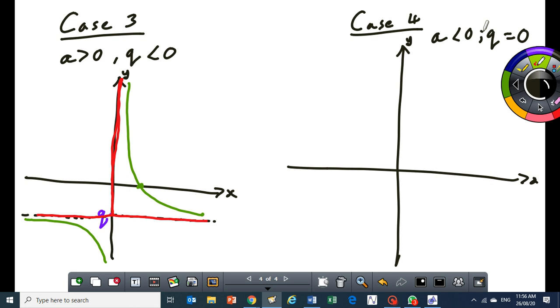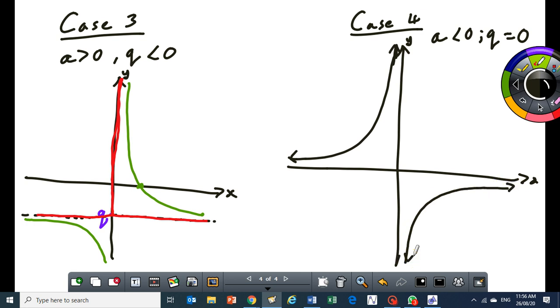Okay? So if we do that, when you draw it, because a is now negative, the first curve will be in the second quadrant. And the second one will be in the fourth quadrant.